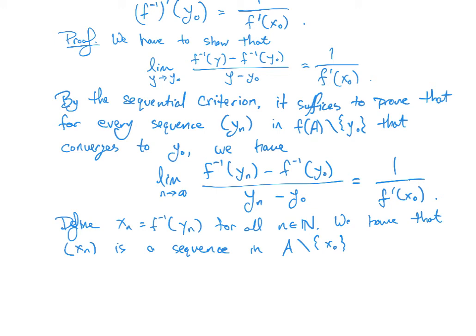F inverse is only x naught at y naught, and we took out y naught from the yn's. Or I might phrase it the opposite way: because f is invertible, it's a bijection. Since we know that f maps x naught to y naught, it can't be mapping anything else to y naught. So f inverse wouldn't map anything else back to x naught.